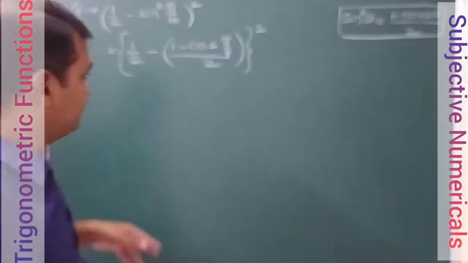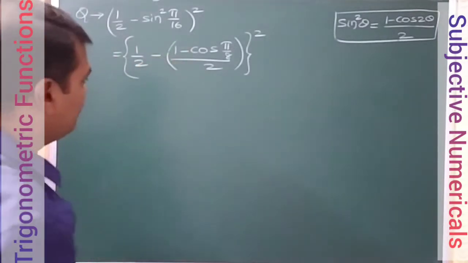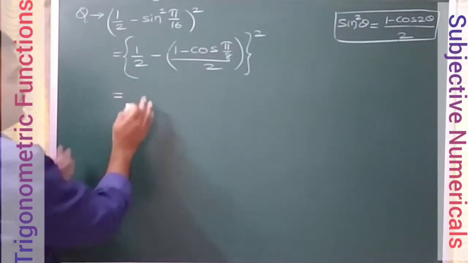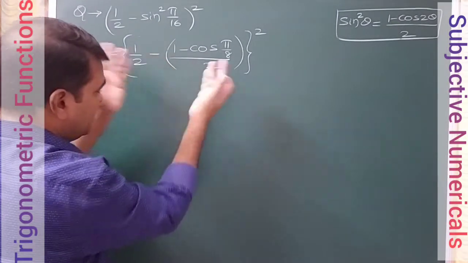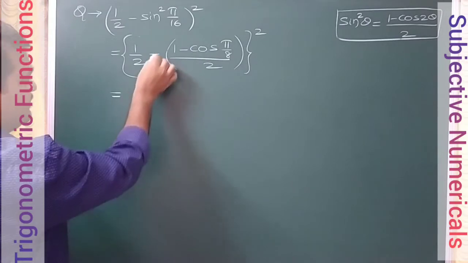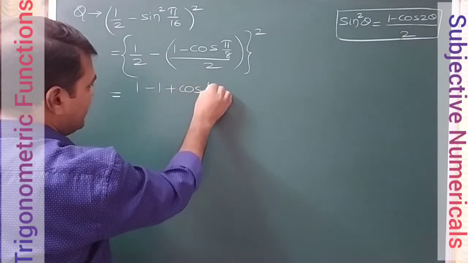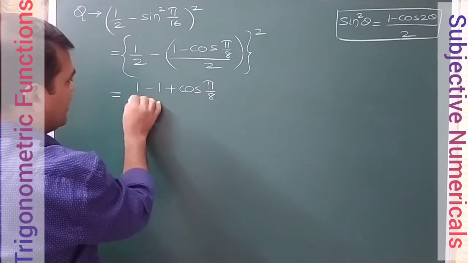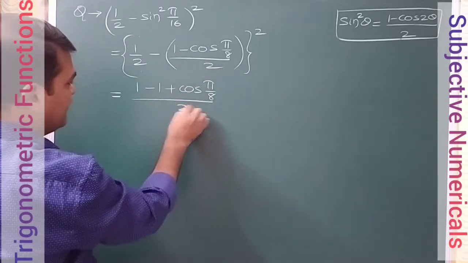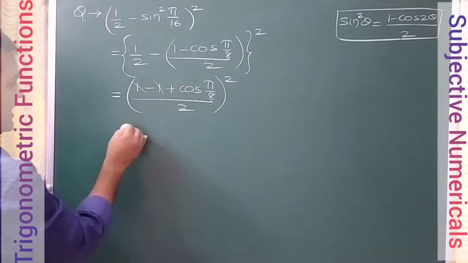So simplify. 1 by 2 minus 1 by 2, anyhow you will cancel that. So okay, denominator is same. I will try to write one more step. Denominator is same. So 1 multiply with minus 1 plus cos pi by 8, and denominator is same, by 2 whole square. So this 1 minus 1 cancel.